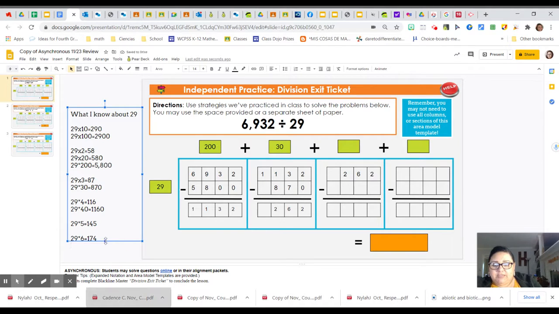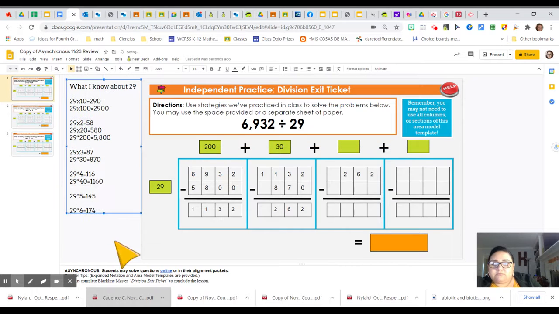So we should keep going and try to find what we know. So 29 times 7, I know that 20 times 7 equals 140. And 9 times 7 equals 63.